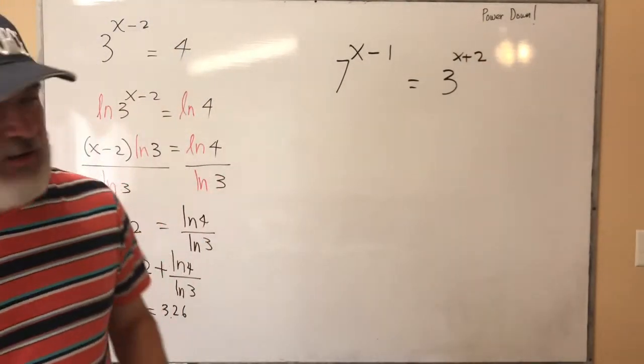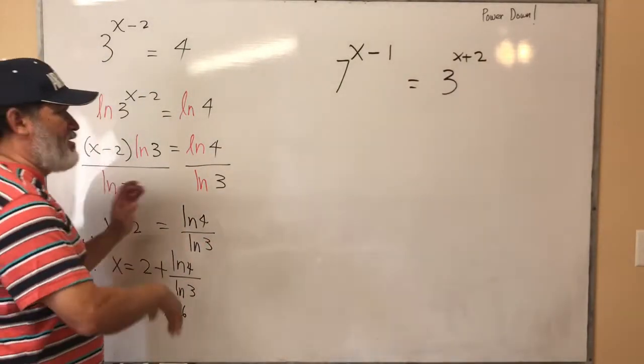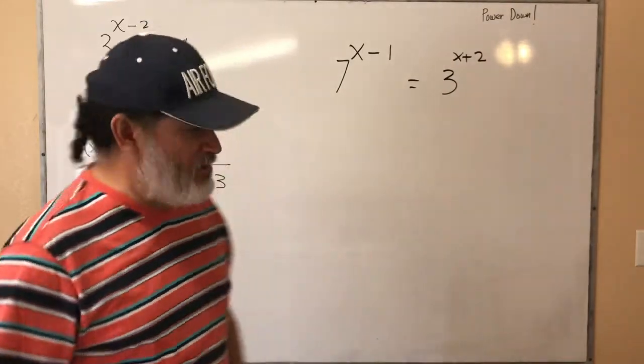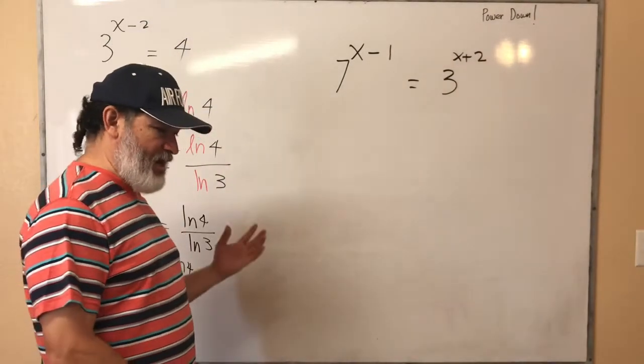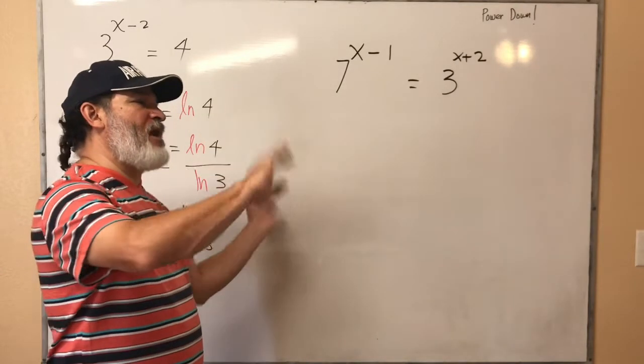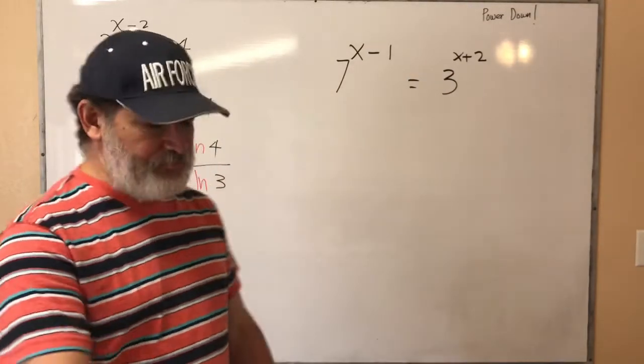And how do you solve? Well, power down. In this case, both sides power down. Lucky for us, when we take the ln of both sides, the powers are going to come down by the rule that I just wrote earlier. Okay?